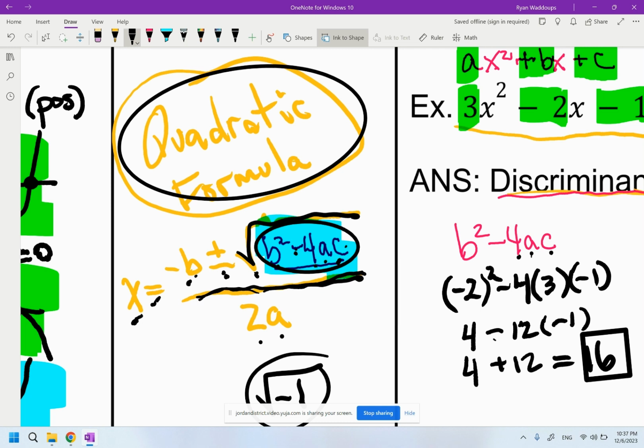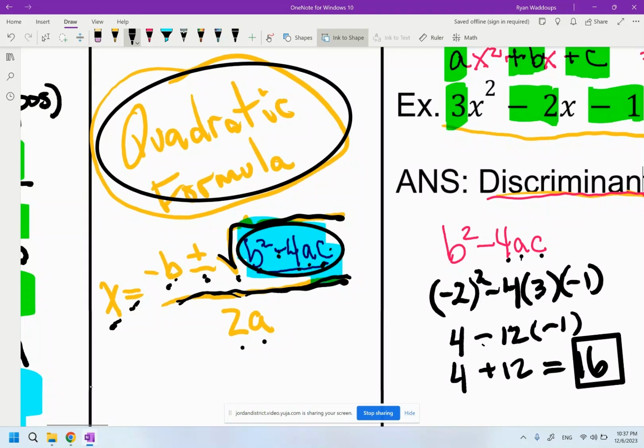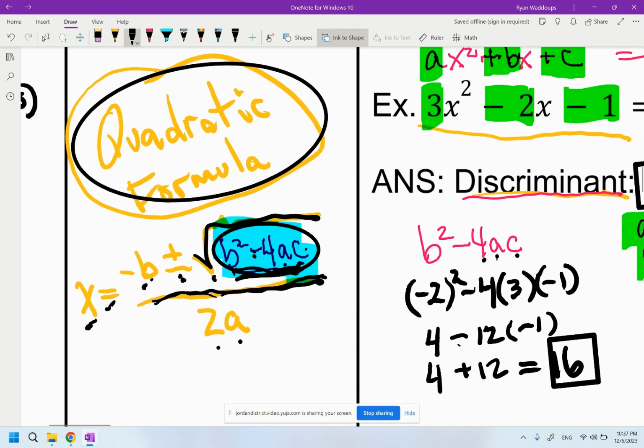And that is the quadratic formula. But this part right here in blue, b squared minus 4ac, that is the discriminant. And it doesn't have the square root. It's just that part inside, b squared minus 4ac. So it doesn't give us the solutions, but it tells us about what they'll be like and how many we'll have of the different kinds.